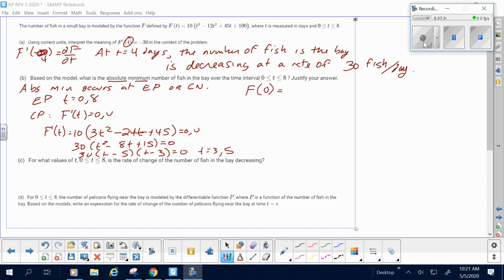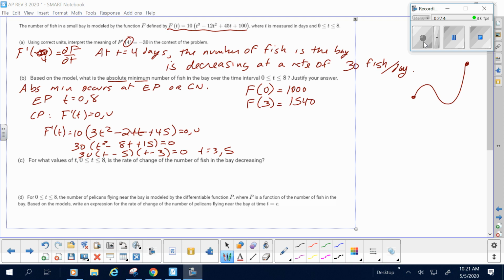F at 0, now you're going back to the original function. So if you put in F at 0, I got 1,000. I was working without a calculator here, so I hope I did these correctly mentally. F at 3, I have 1,540. Keep in mind, as you go, you're talking a cube, a positive cube shape with two endpoints.